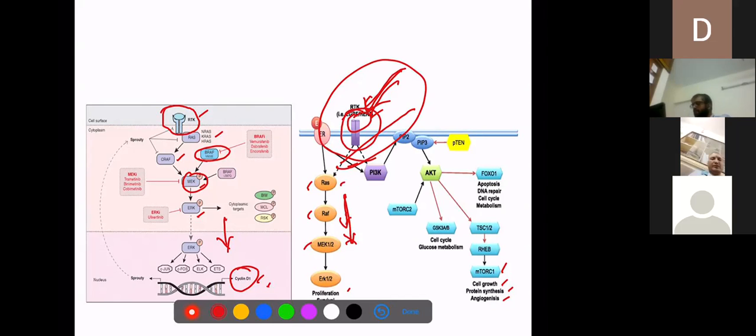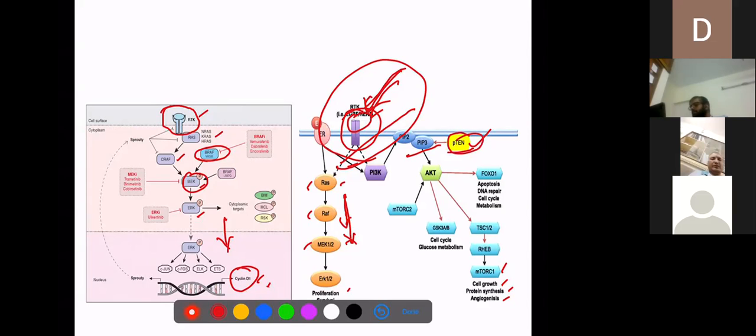Okay, so there are checkpoints in between. For example, in the PIP3, there is a tumor suppressor gene called PTEN, which will suppress the pathway. Once there is an activation here also, if these genes are fine, they will try to resist the generation of further cell proliferation. But sometimes, in Cowden syndrome and others, the gene like PTEN is mutated.